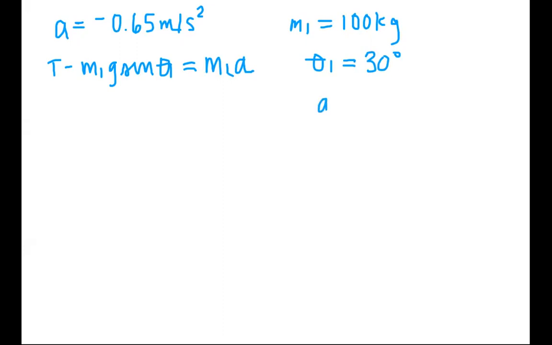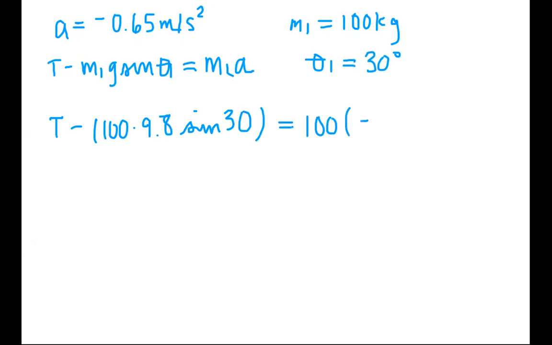Okay, so we have m1 and theta 1, and we just calculated acceleration. So if we plug that in, we get T minus 100 times 9.8 times sine of 30 is equal to 100 times negative 0.65.